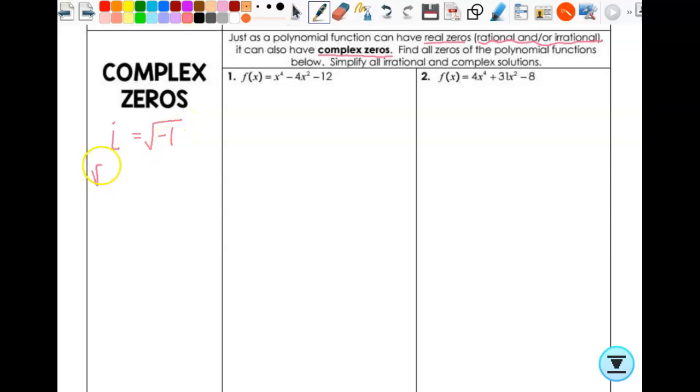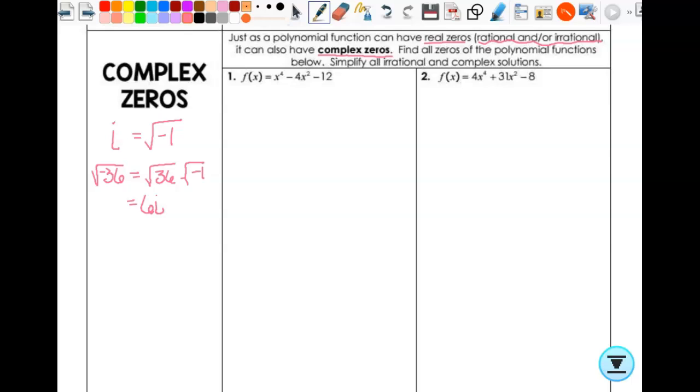So if I have the square root of -36, until you get to Algebra 2, you're always told you can't take square roots of negative numbers. That's a lie. You can take the square root of a negative number. It's just not a real number. The square root of -36 is the same as the square root of 36 times the square root of -1. That's why the answer then is going to be 6i. It's an imaginary number. Okay, part of the complex number system.